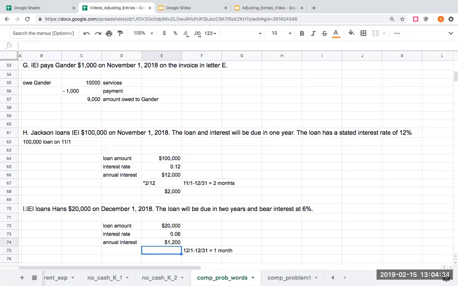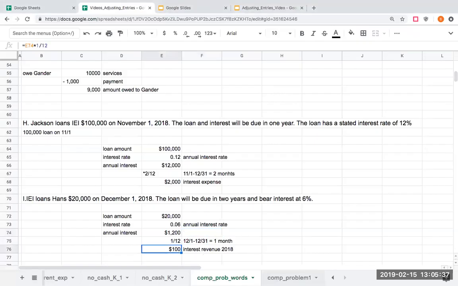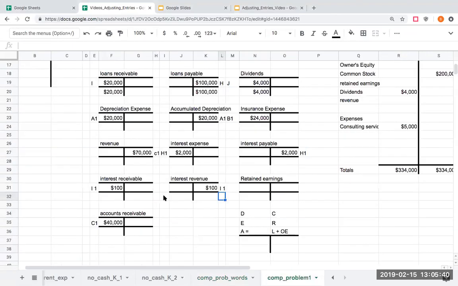So here, I'm going to multiply this by 1/12, and 1,200 times 1/12 will be $100. So this is going to be my interest revenue for 2018. Okay, so I'm recording this $100, and how do I record it? Well, if you watched the other video, I'm debiting interest receivable, and then I am crediting interest revenue.